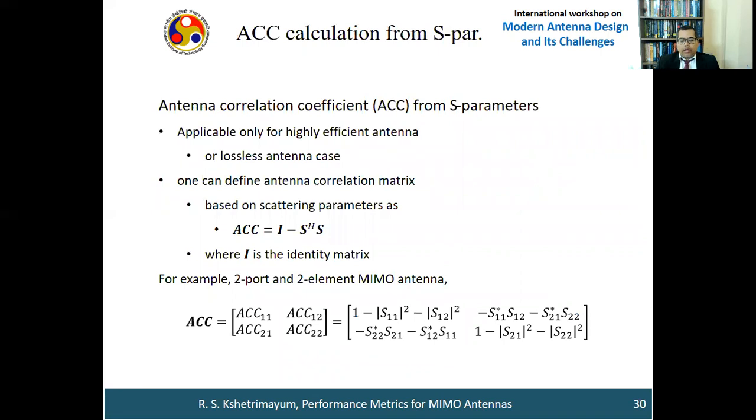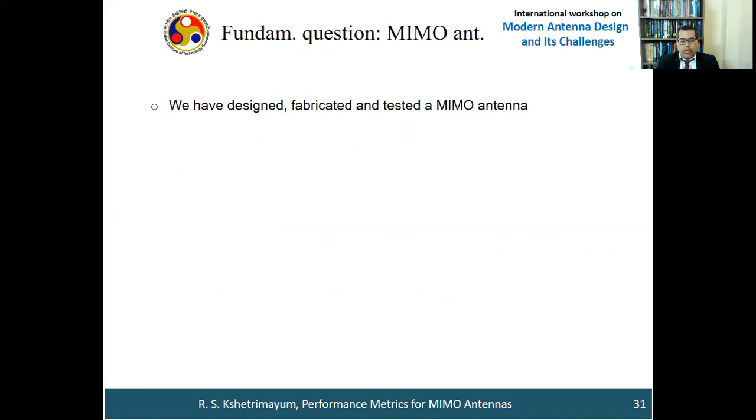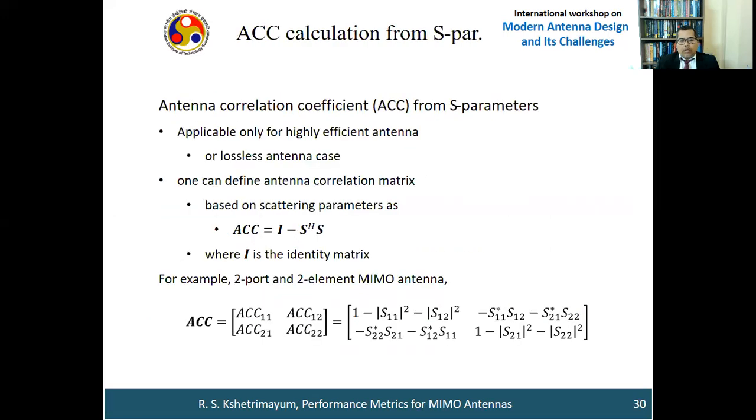You can also find the ACC, or antenna correlation coefficient, from the scattering parameters by using this simple relation here. ACC matrix is equal to the identity matrix minus the Hermitian of the scattering parameter matrix multiplied with the scattering parameter matrix.